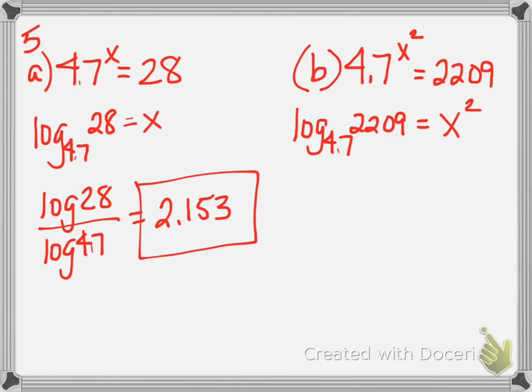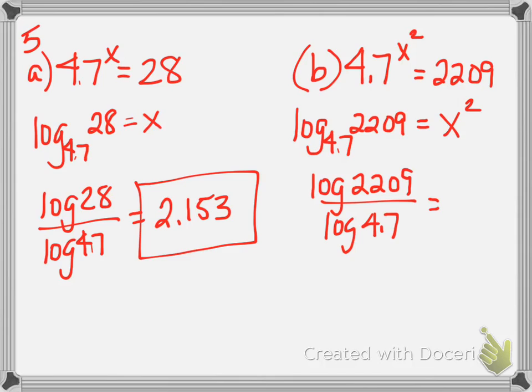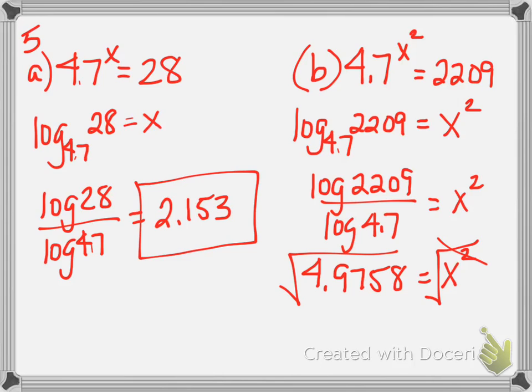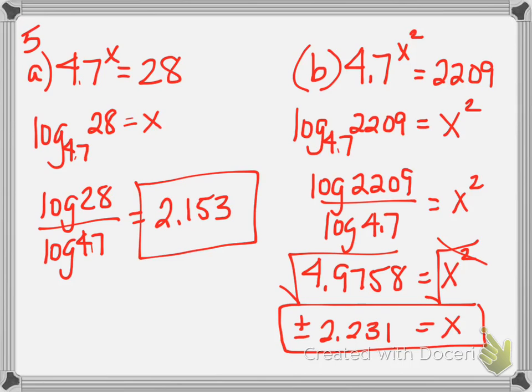So I calculate log base 4.7 of 2209 by using the change of base property again, log of 2209 divided by log of 4.7, and this tells me that x squared is 4.9758. I solve for x by square rooting, so x is equal to plus or minus 2.231. Remember, when you square root, you have to have that plus or minus.